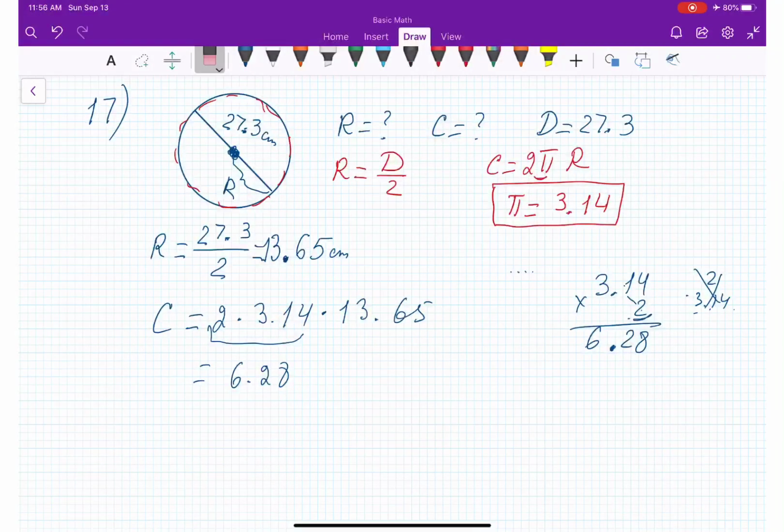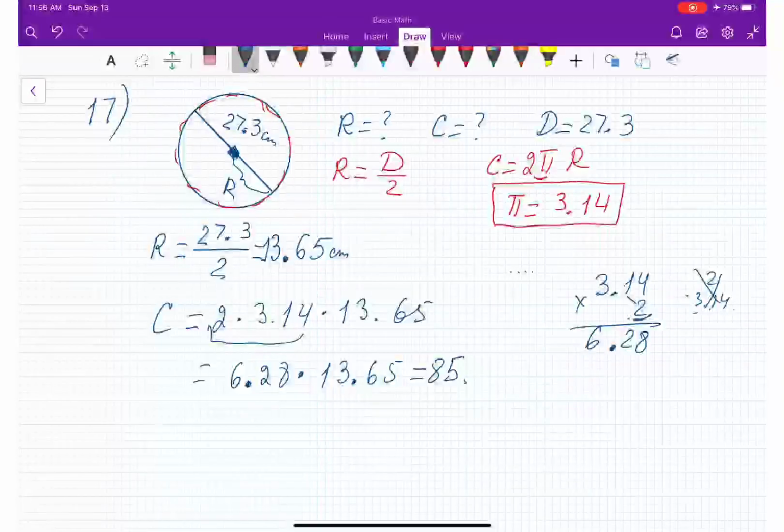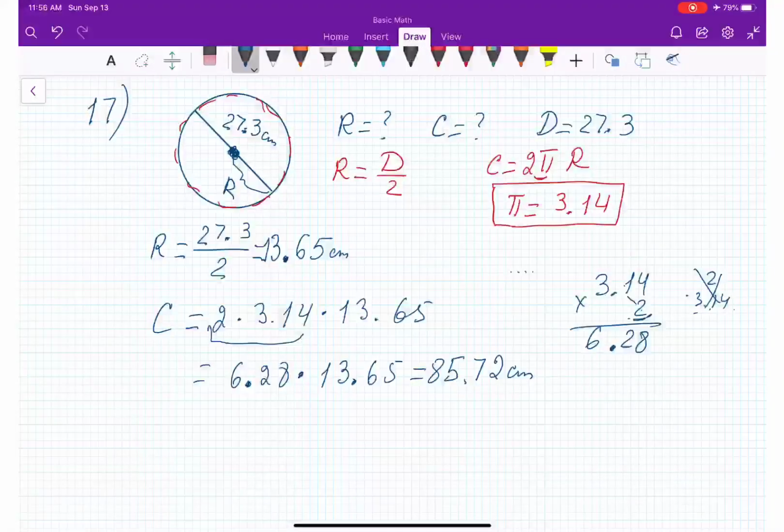Okay, since this is too long to multiply, to save time, I will use calculator, and it's going to be 85.722 centimeters. All right. And besides that, it's asking us to find also the area.